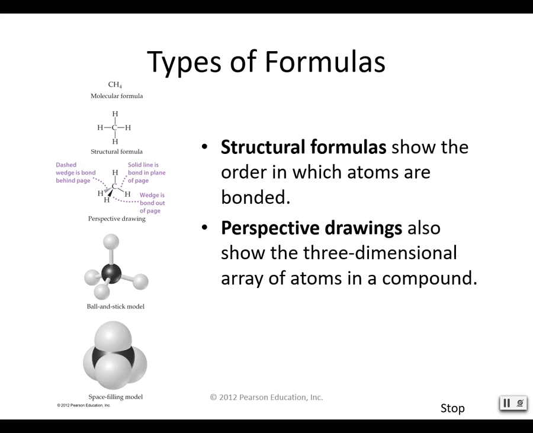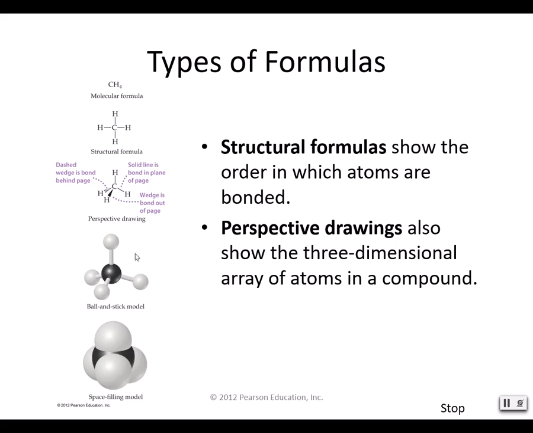Now later on in the course, we're going to talk about something called Lewis dot structures and how we can use those to say something about the geometry of smaller molecules. But as you go on in chemistry and these molecules get bigger, you will use structural formulas like a perspective drawing or a space-filling model, so you can actually have a sense of how big a molecule is and what its shape and size are.